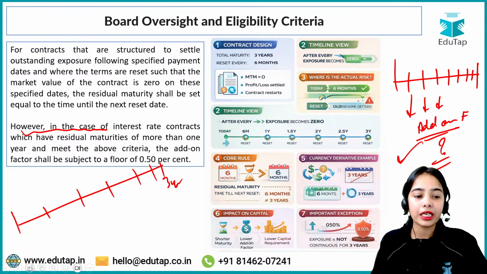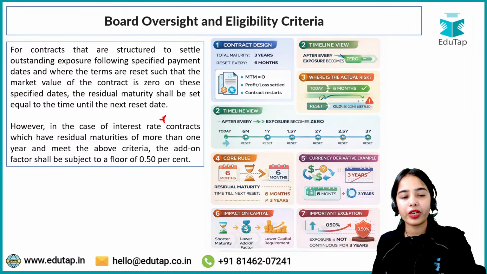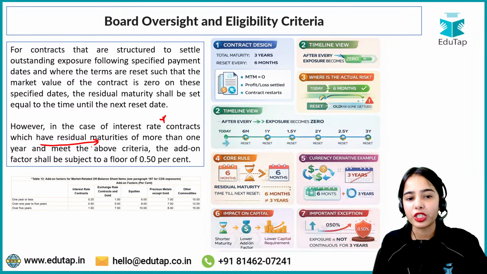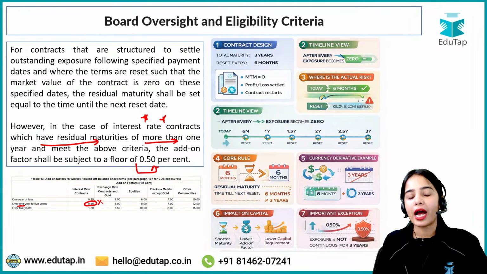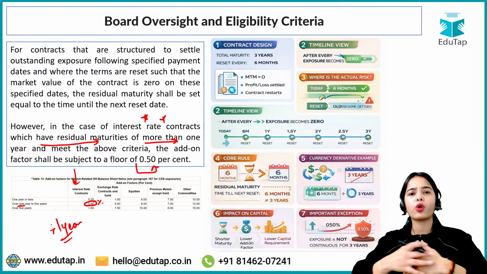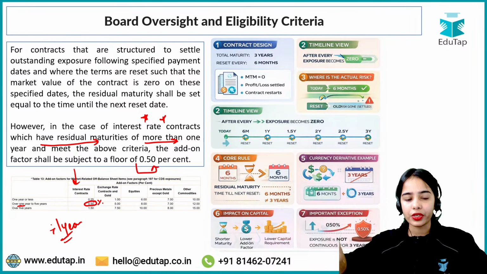However, in the case of interest rate contracts which have a residual maturity of more than 1 year, over 1 year, they have to maintain a minimum of 0.50% of add-on factor. So in the case of interest rate contracts specifically, if the residual maturity is more than 1 year, even if the contract is of 5 years or more than 5 years, it doesn't matter.